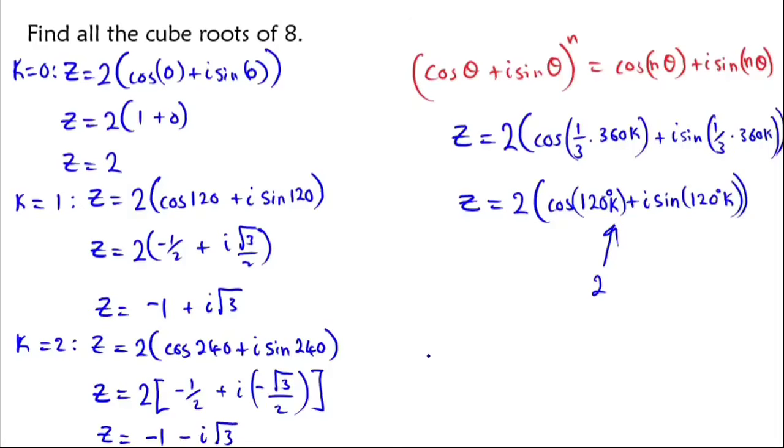So there we have it. In this case, we can clearly see that z has the solutions 2, and negative 1 plus i root 3, and lastly, negative 1 minus i root 3.